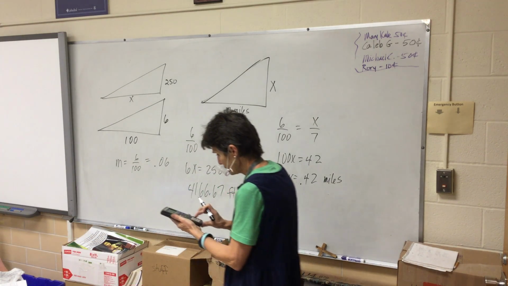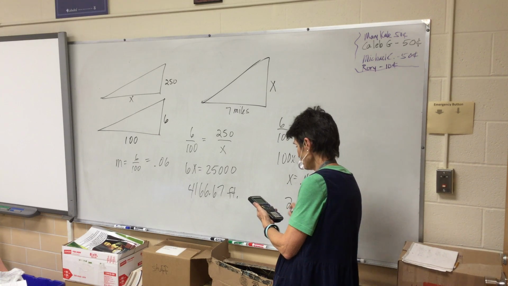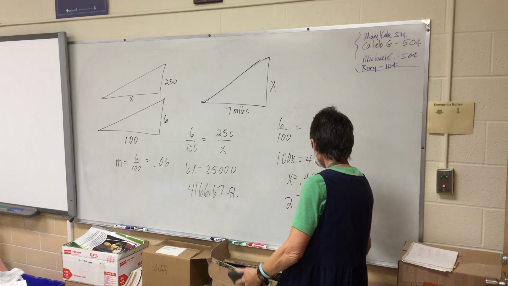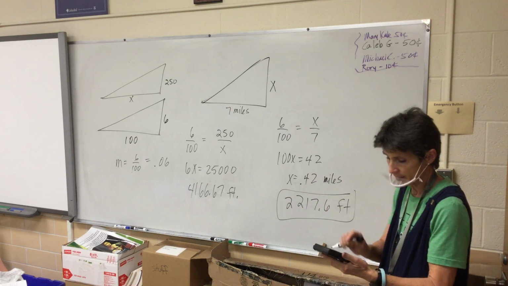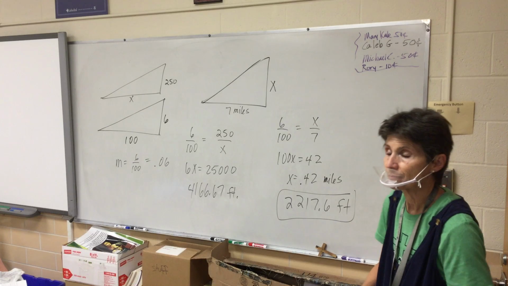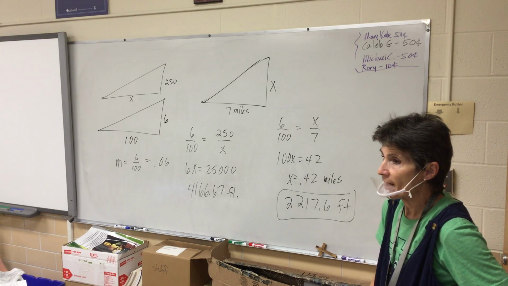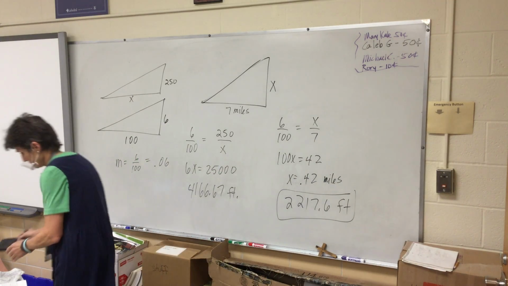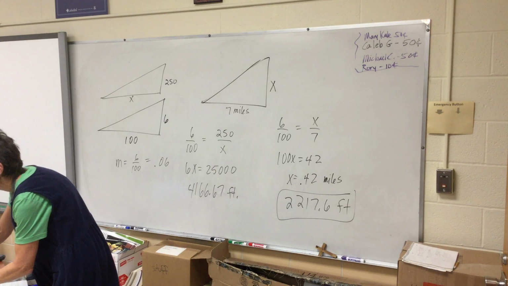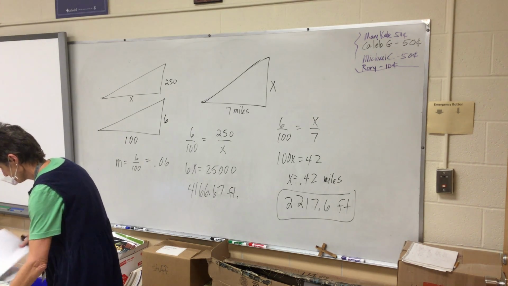So 0.42 times 5280 would be 2217.6 feet. And that's how they wanted the answer in feet. You all good with that? What was it, 5,080? 5,280. That's how many feet are in a mile.